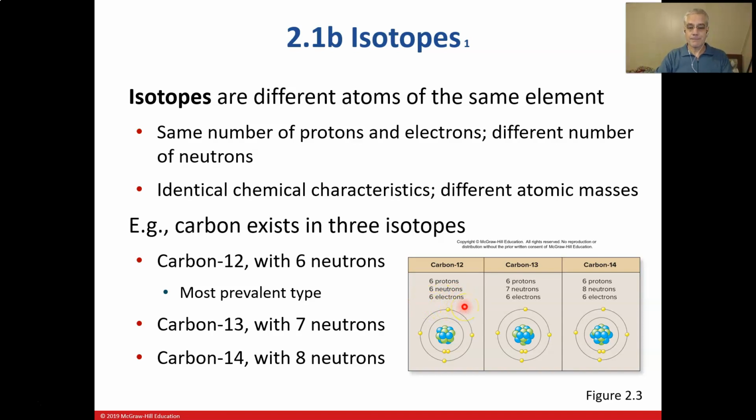There you go. But there are other isotopes of carbon that have more neutrons in the nucleus. So carbon-13 has 7 neutrons. Carbon-14 has 8 neutrons. Yep, you can do that. It's not very common. These are very, very uncommon. But they're common enough that we can measure these things.